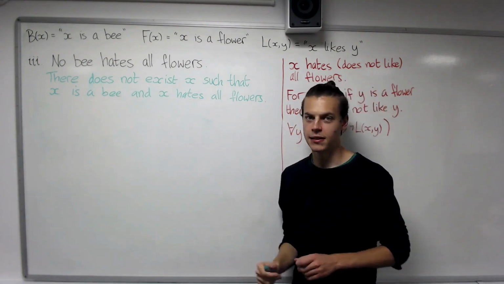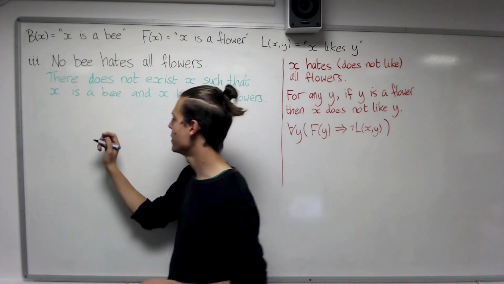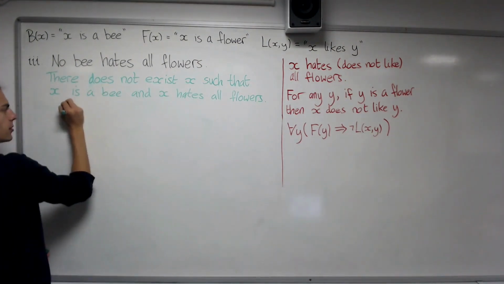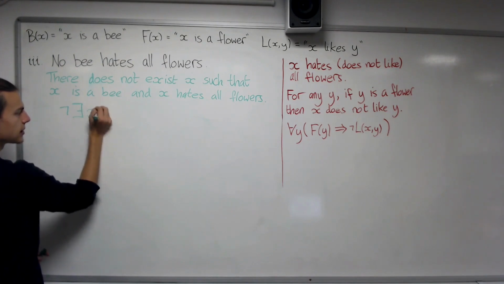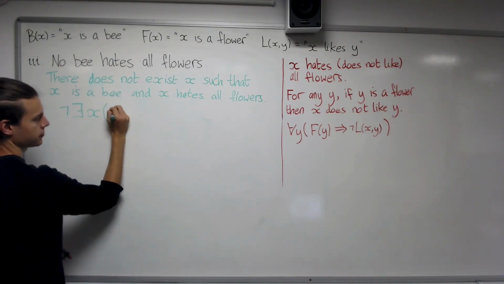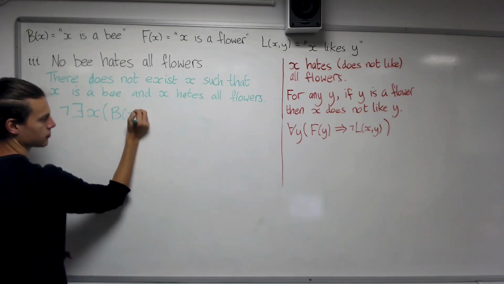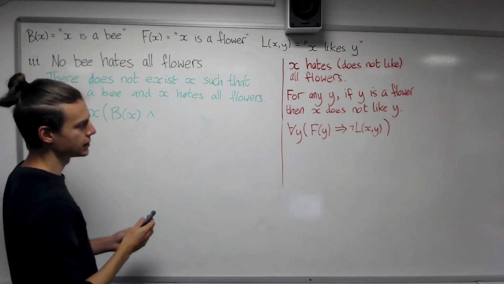And now we can translate this to predicate logic. So there does not exist X. It is not the case that there exists X such that X is a bee and X hates all flowers.